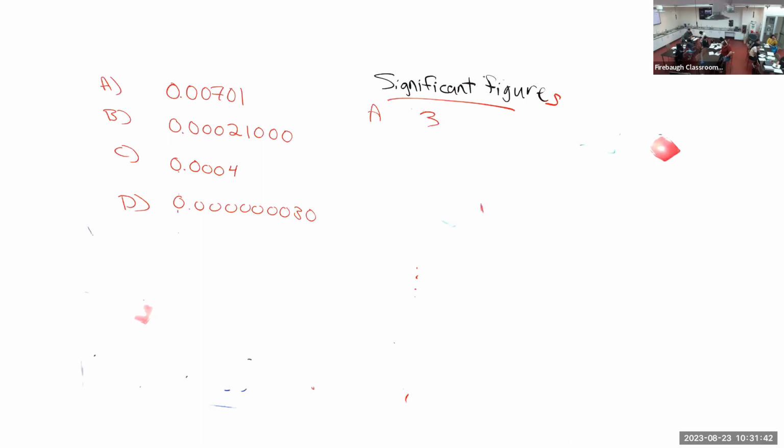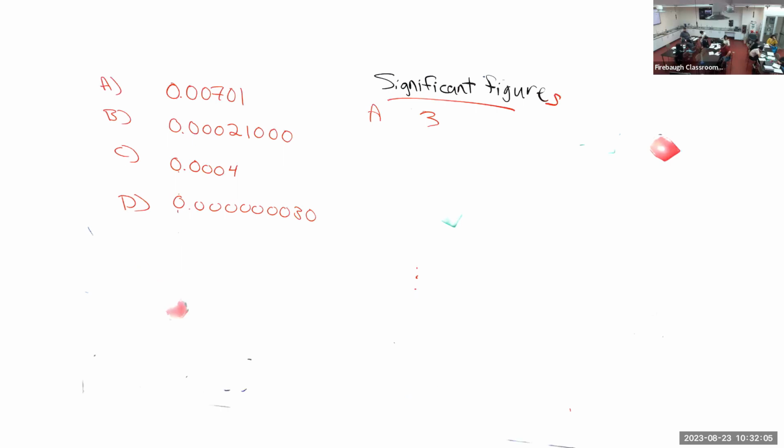Okay, so in this case, these zeros are just placeholders. They're letting us know the value of what we're working with. Kind of like when we have numbers like 20, this 0 is acting as a placeholder, letting us know that value. Okay?